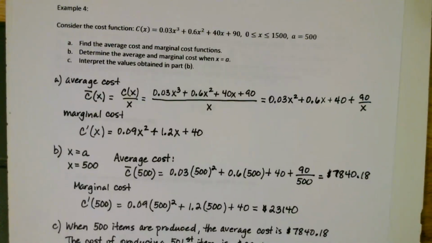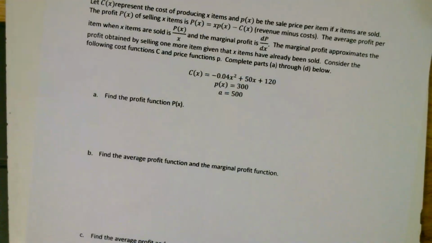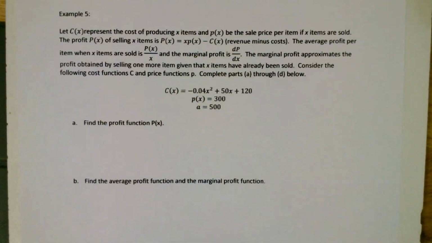All right, and finally, there's an example 5. We're going to let C of x represent the cost of producing x items, and p of x be the sale price per item if x items are sold. The profit, which is capital P of x of selling x items, is capital P of x equals x times lowercase p of x minus C of x.